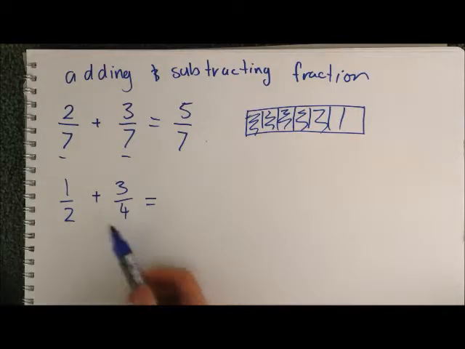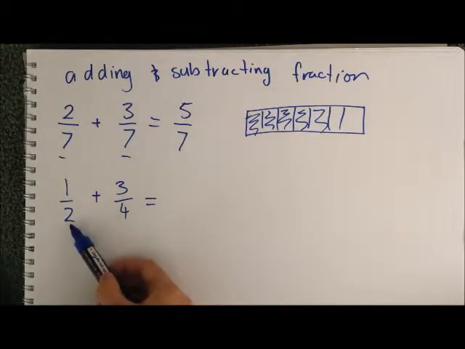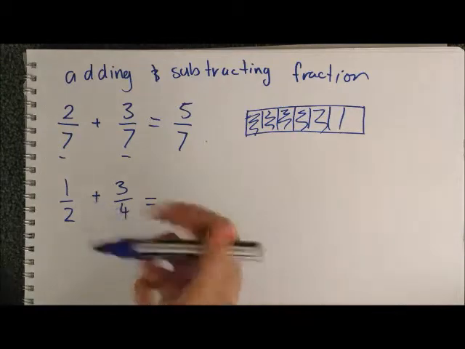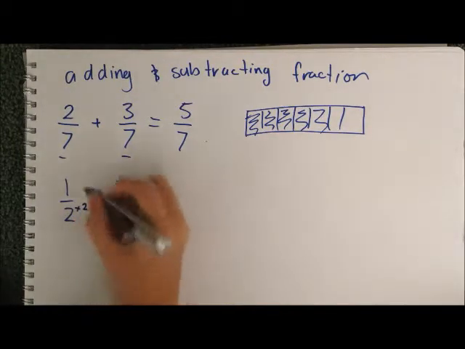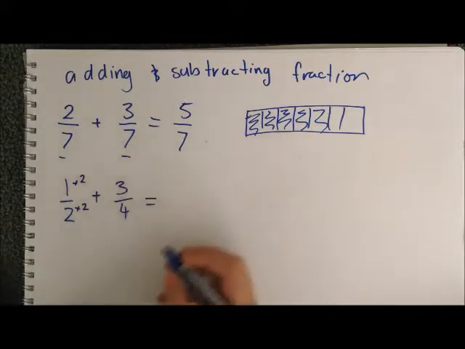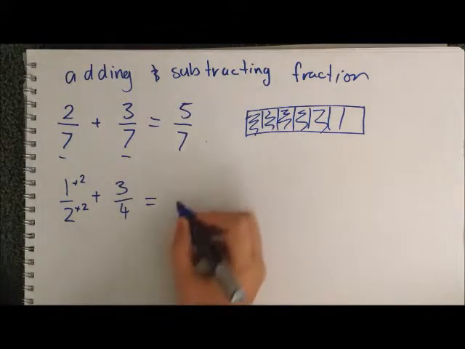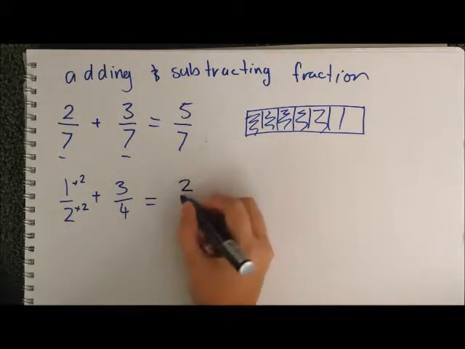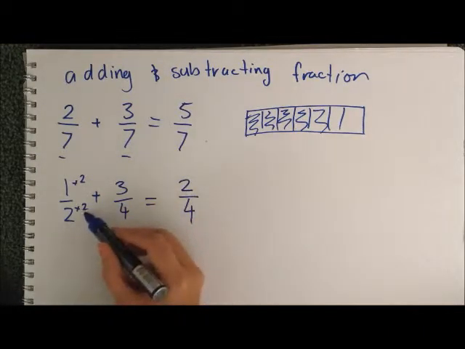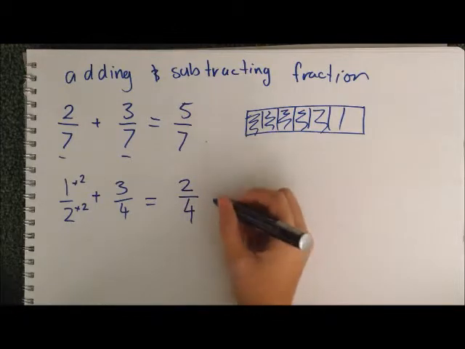This one is easy because we can see that if you times 2 by 2, it'll be 4, the same as that one. So, we times the bottom and the top, both by 2. So then that equals 2 on 4. 1 times 2, 2. 2 times 2, 4.